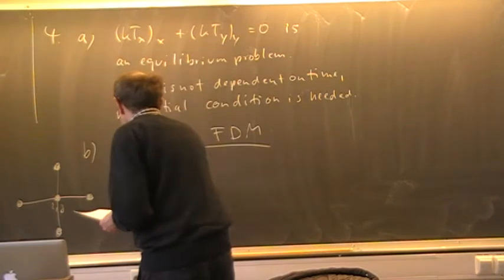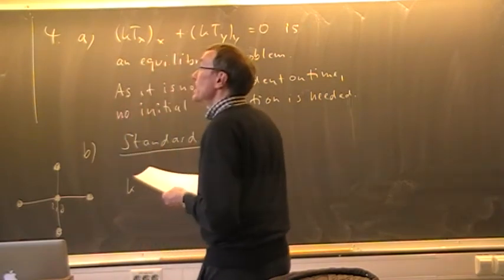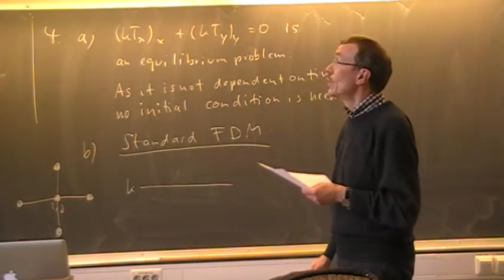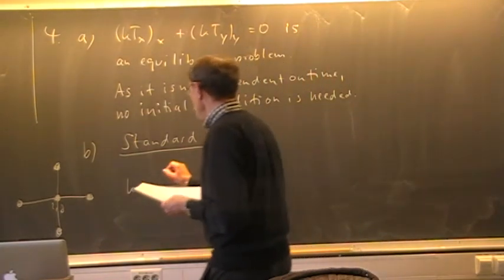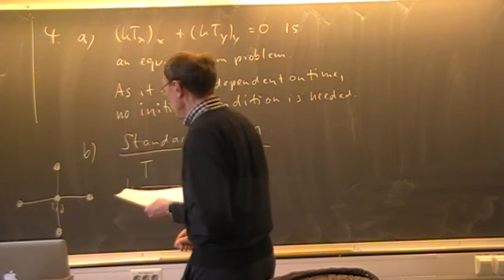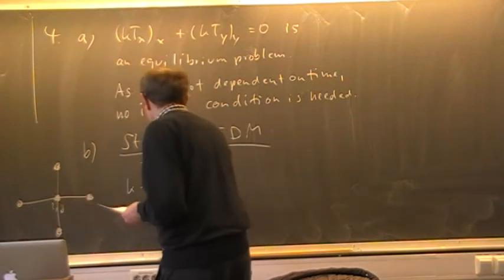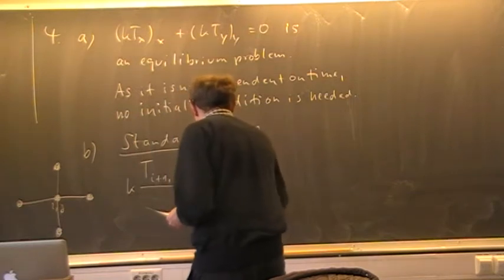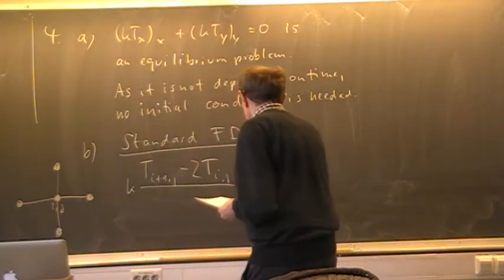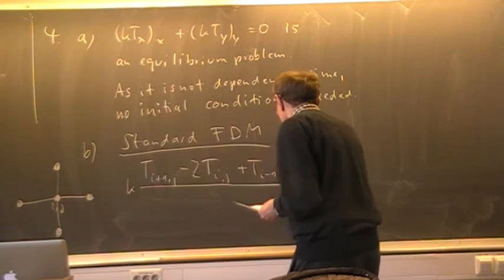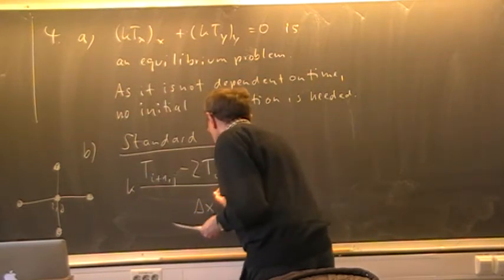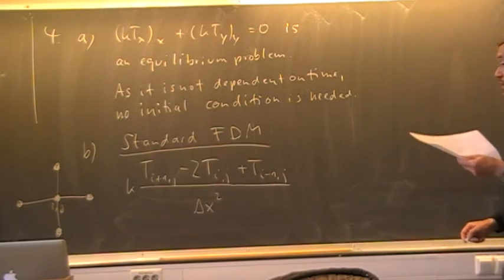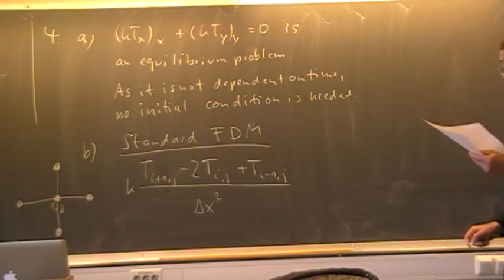But in that case, we can write the k outside, and then we will have a discretization of the second derivative. That is then for t, and then we take it at i plus 1 j minus 2 t ij plus t i minus 1 j divided by delta x squared. So that will be the discretization of the second space derivative in x.